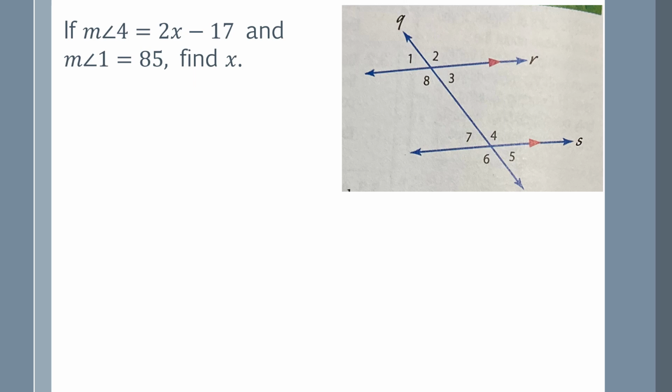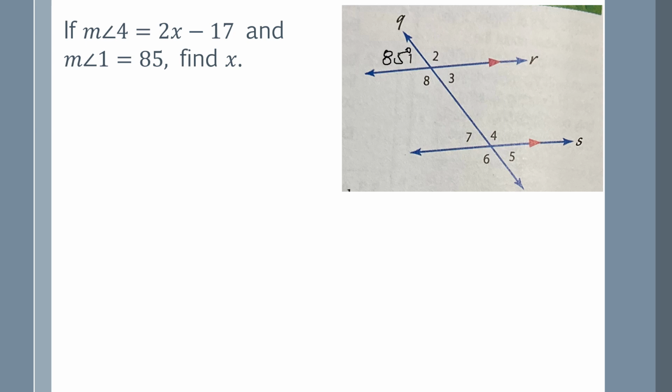All right. Now we've got problems of a different stripe, which is we're given some angle measurements, but then we're given an expression. Measure of angle 4 is equal to 2x minus 17. We're going to solve for x. So go ahead and let's mark up the diagram. This is going to be 85 degrees right here for angle 1.